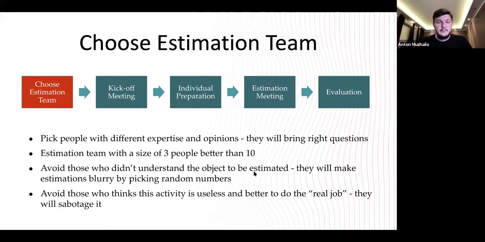They make it very blurry, because only those people who understand the object, the activity, etc. that is under estimation can be invited to this session. And also, as I said before, those people who believe they should stop doing this crap and come back to the real job also shouldn't be invited, because they will sabotage it. That's for sure. So those are the simple points on how to get the estimation team members.